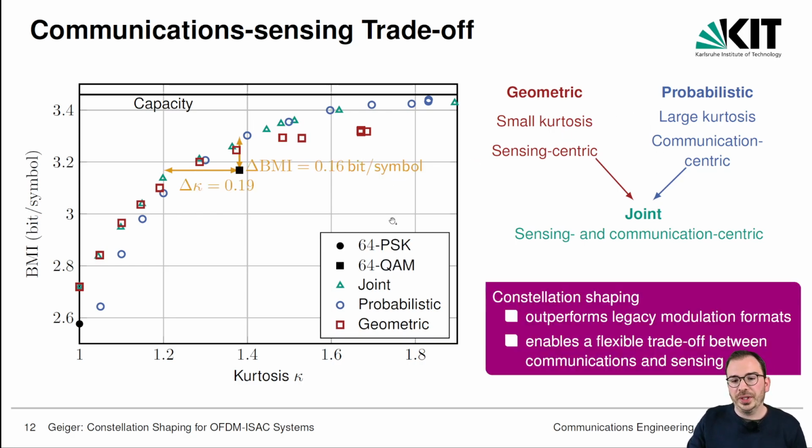If we now compare ourselves to legacy constellation formats like 64 QAM, we find that we are not only able to improve the communications and the sensing performance at the same time, but compared to only two operation points with those two conventional modulation formats, we are now able to achieve a flexible trade-off between communications and sensing with constellation shaping.